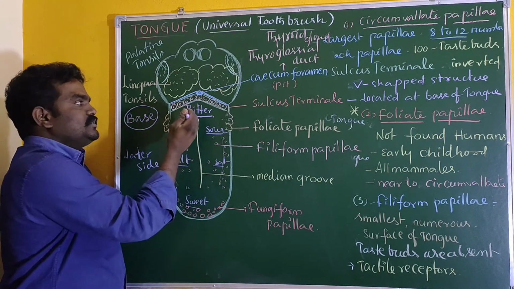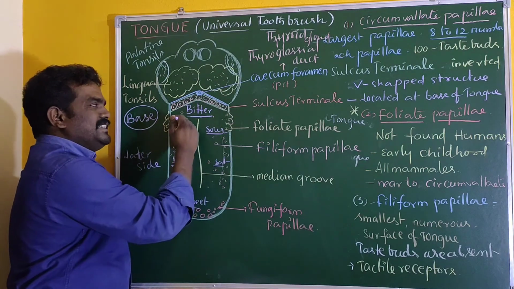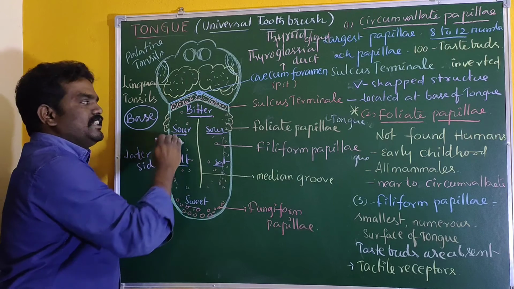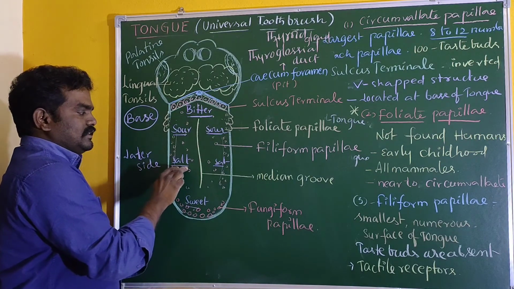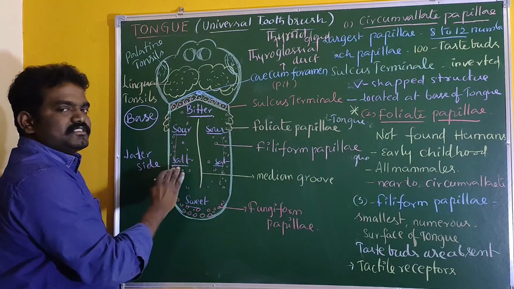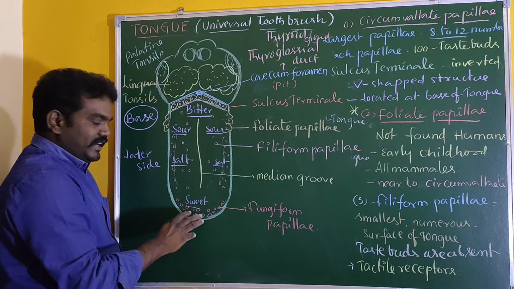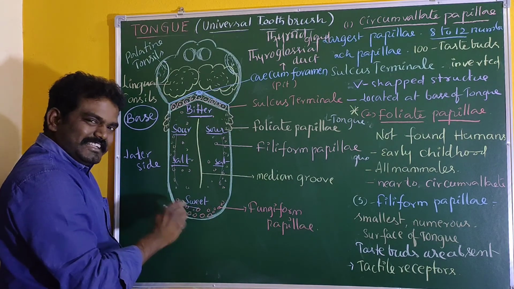Bitter is near the base of the tongue. Sour is also near the base. Salt, the surface of the tongue and lateral sides of the tongue. Sweet, at the tip of the tongue.